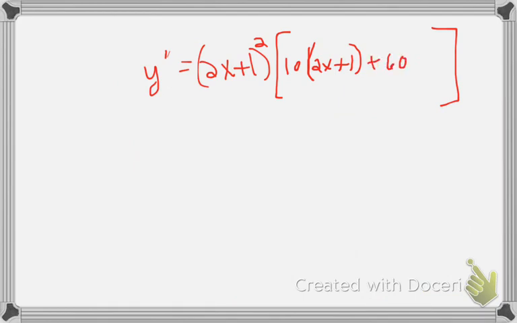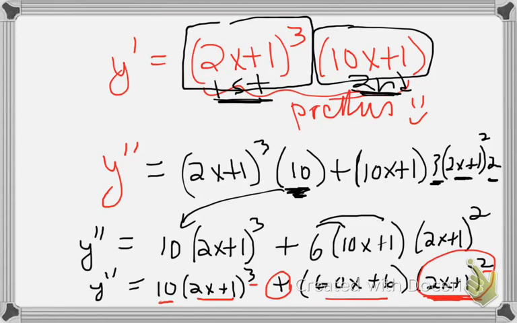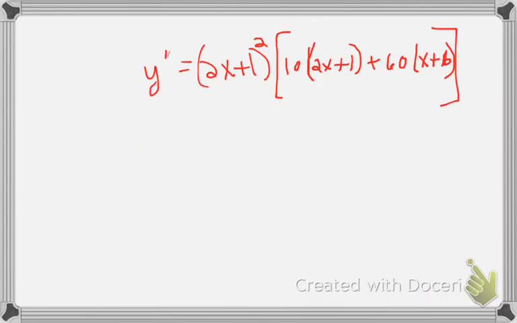I had to keep moving the slide around, but basically note to self, GCF. I had pulled this out as a GCF, and I would have been left with the 10, an additional factor of 2x plus 1, and then the quantity 60x plus 6. Oops. And I just noticed I wrote that quantity wrong right there. The quantity 60x plus 6.